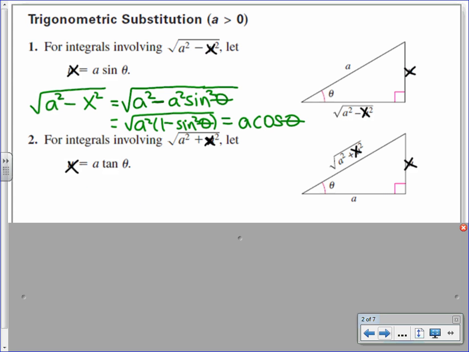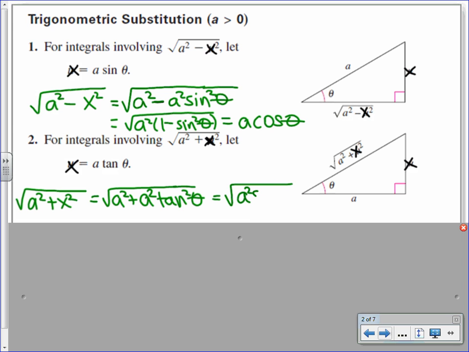So if we let x equal a tangent of theta, then the square root of a squared plus x squared would become the square root of a squared plus a squared tangent squared, which would be the same thing as a squared secant squared theta, which is a secant theta.